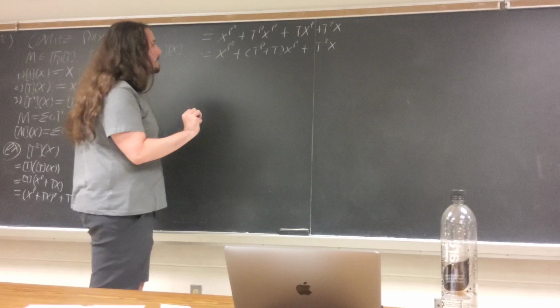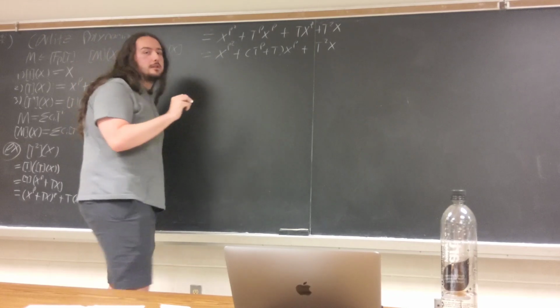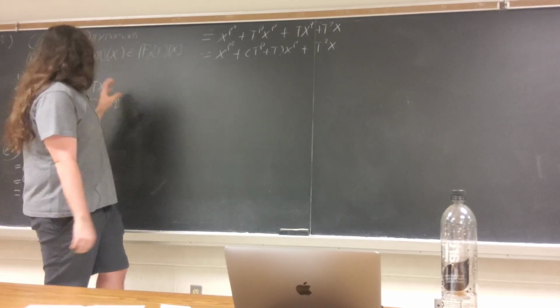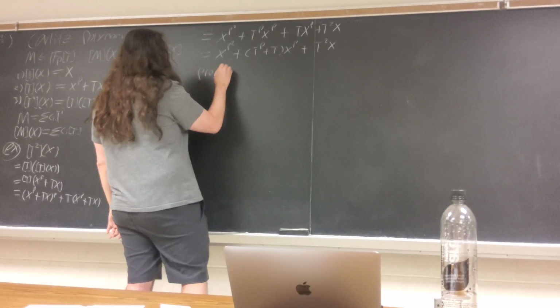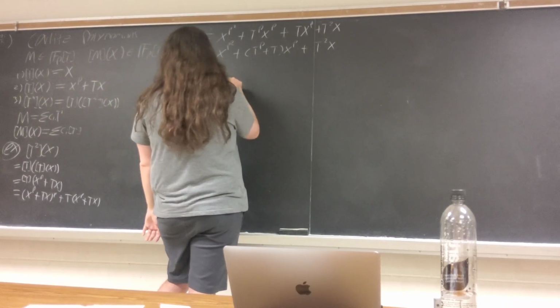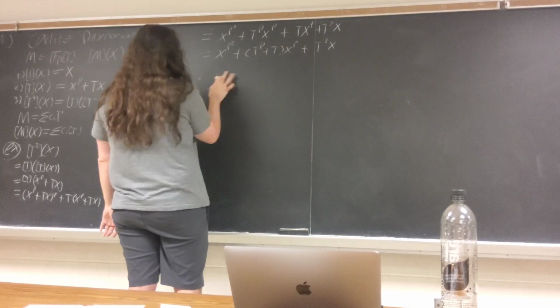We can say about the first one, I think the first important fact about these that I'll say as a proposition is that, well, I probably want to define something first.